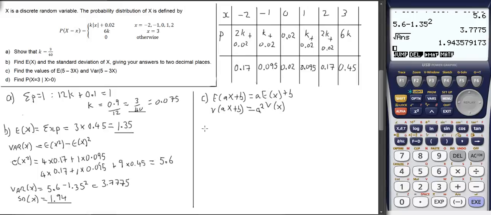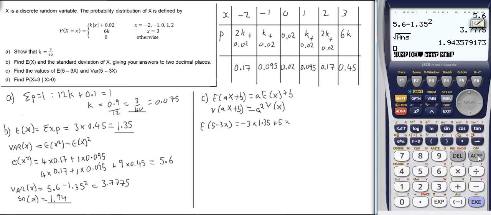Okay, so a is -3 and b is 5 in this case, so E of 5 minus 3x is -3 times 1.35 plus 5, which is 0.95.